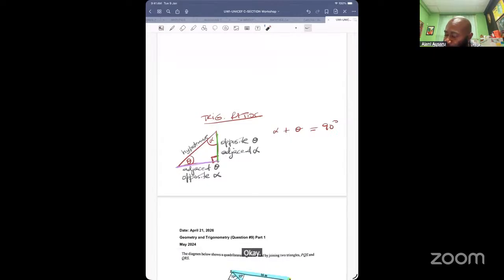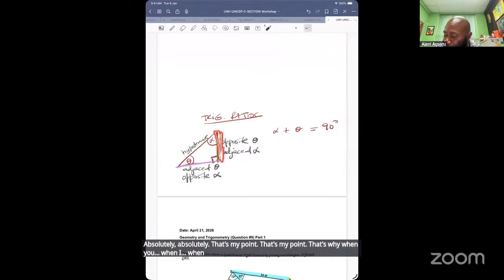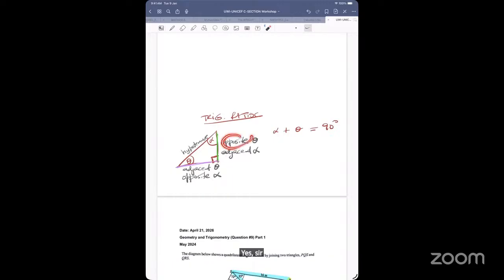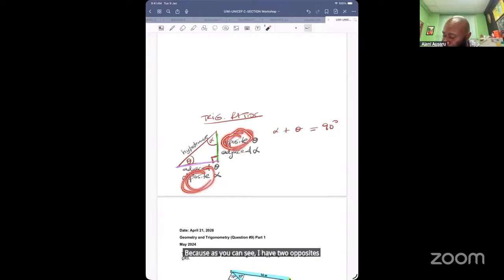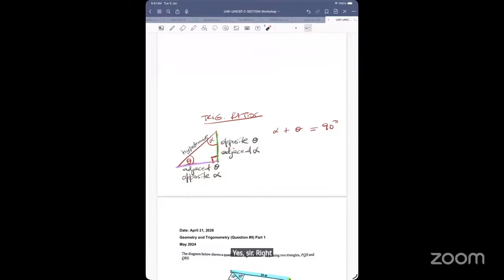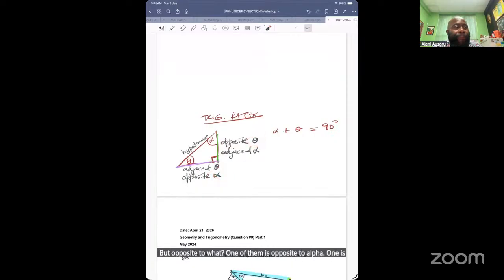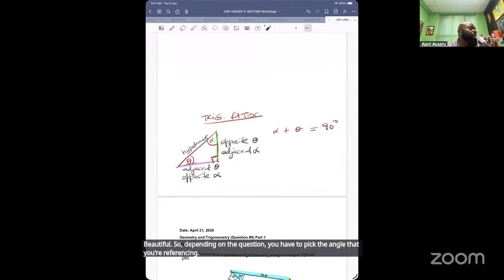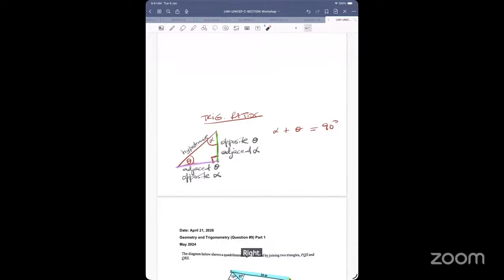That's why, when we just started, I wasn't satisfied when you just told me opposite. As you can see, I have two opposites here. One of them is opposite to alpha, and one is opposite to theta. So depending on the question, you have to pick the angle that you're referencing. Make sense?